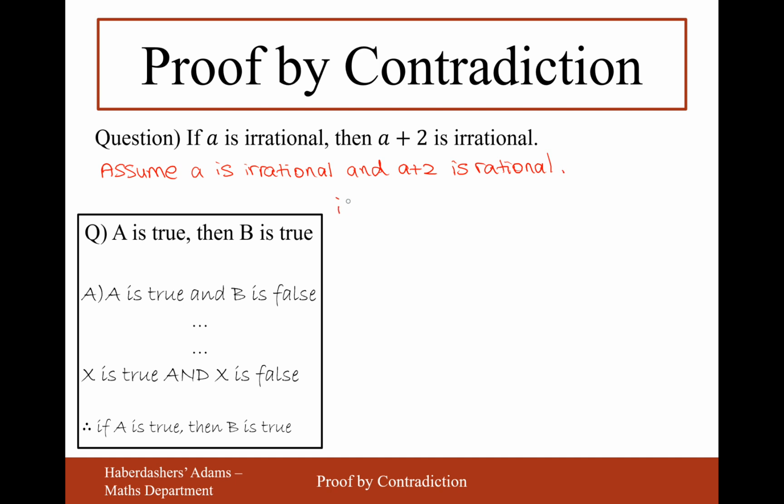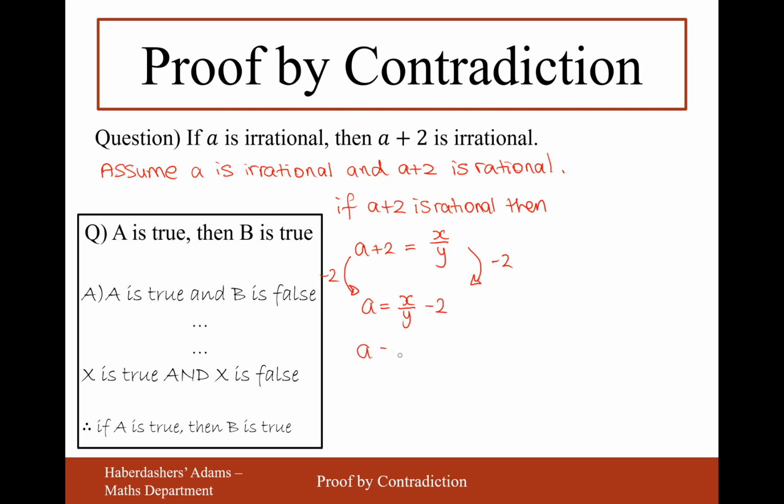So if A plus 2 is rational, then it can be represented as a fraction. A plus 2 equals, let's refer to it as x over y. And now let's take away 2 from both sides. So it would be A equals x over y minus 2.